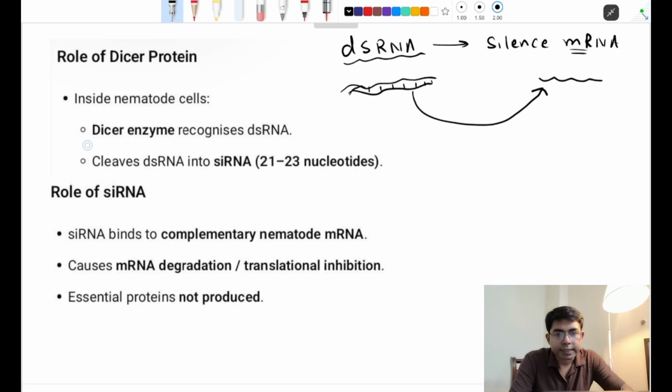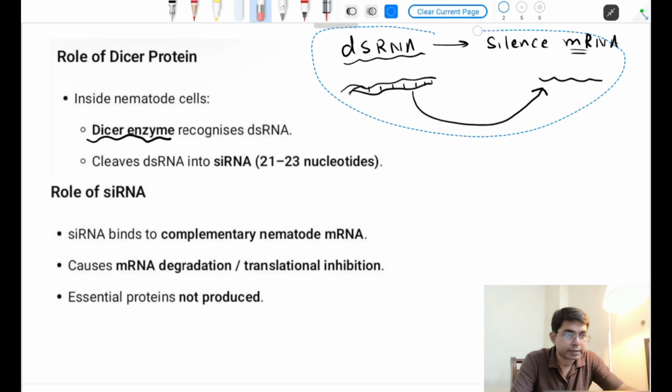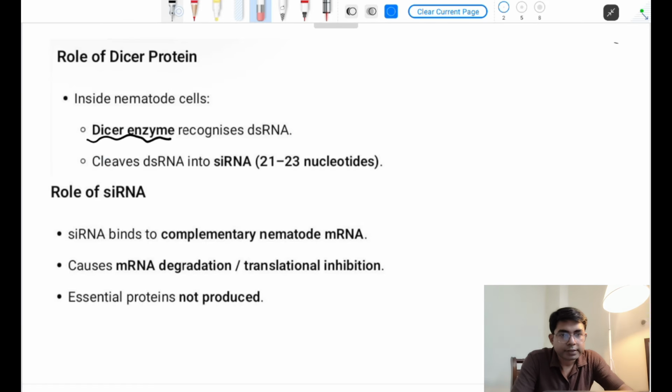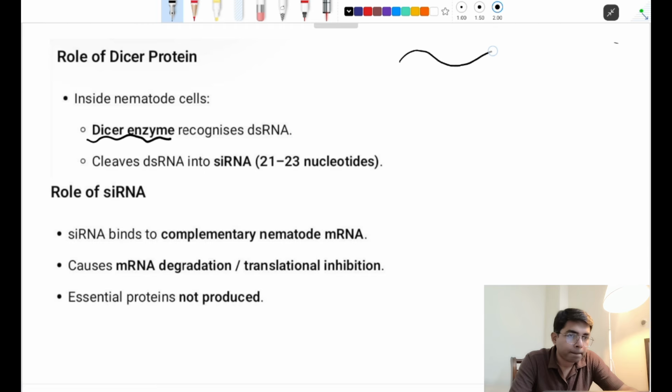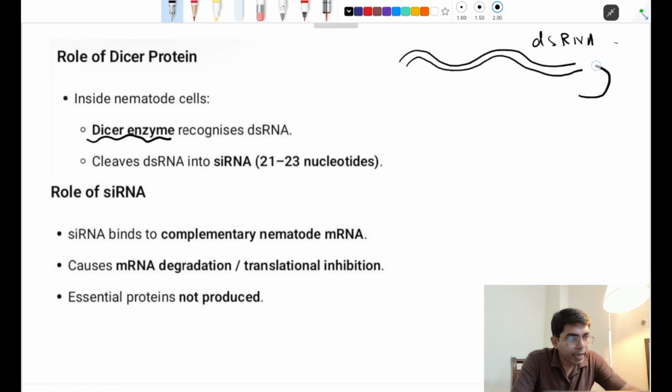This double-stranded RNA will first be acted upon by the dicer protein. Let's see it this way. Let's say, for example, we have this double-stranded RNA. It will be acted upon by a protein, and this protein is called dicer protein.